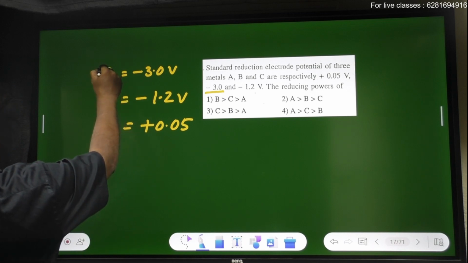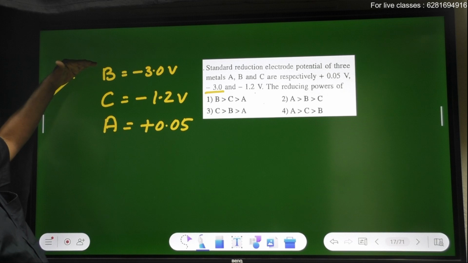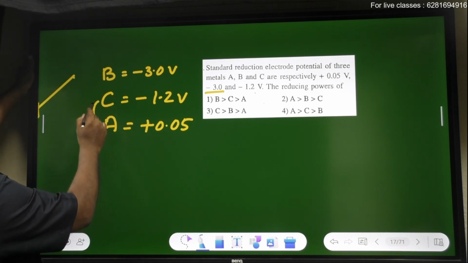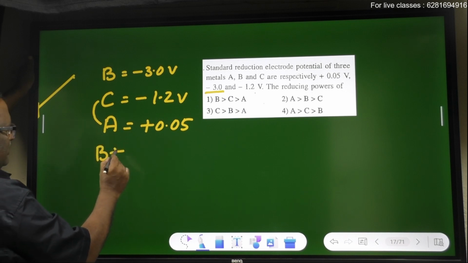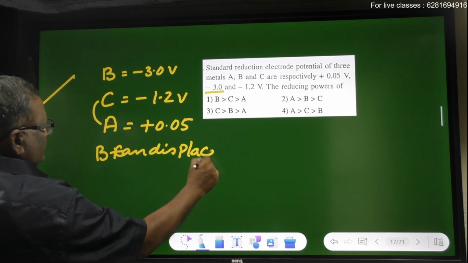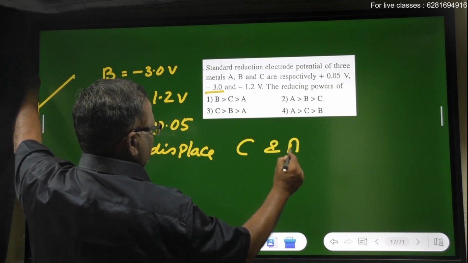So the element which is present on the top with the least reduction potential can displace these two from their solutions. That means B can displace C and A from the solution.